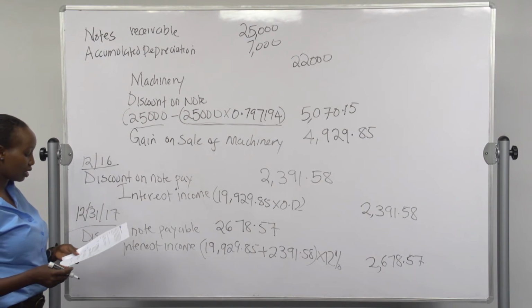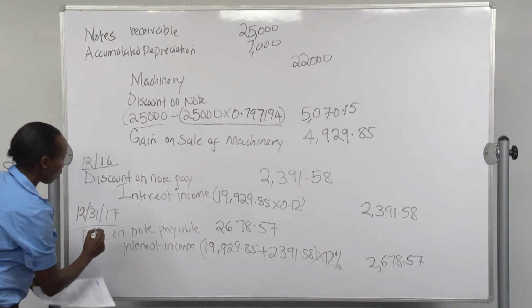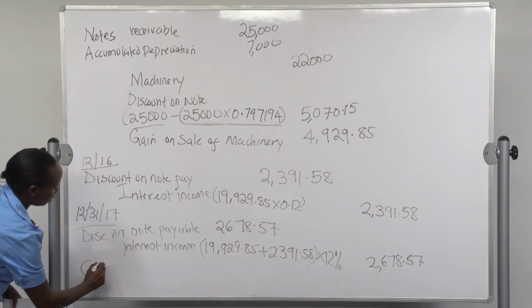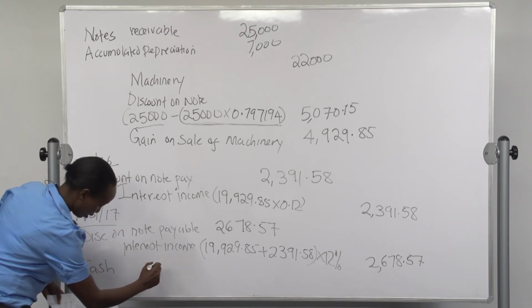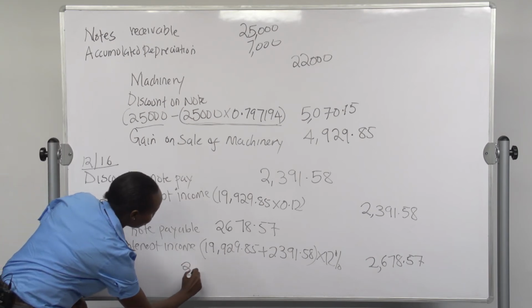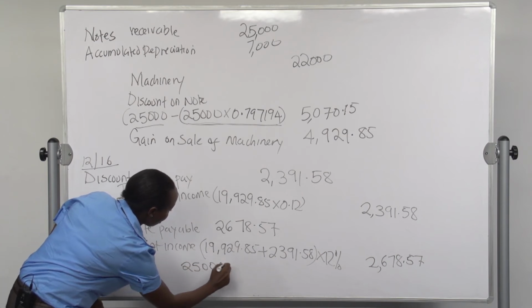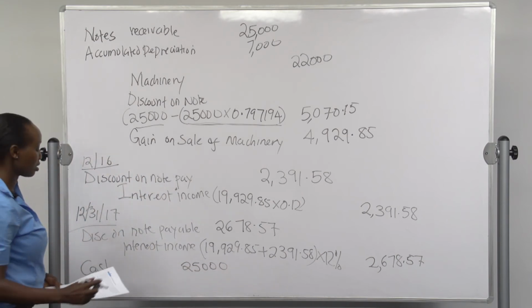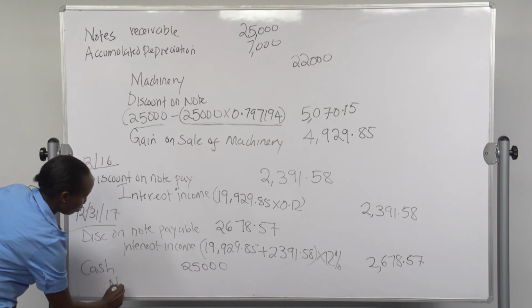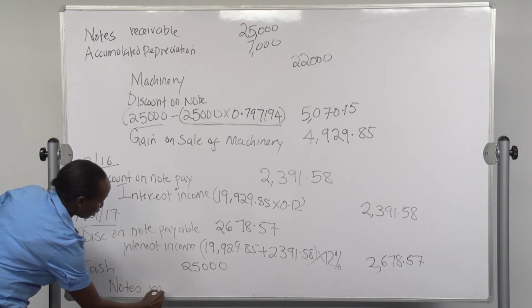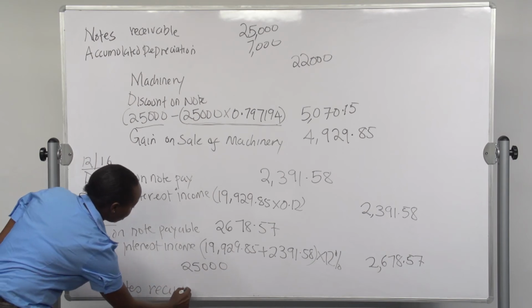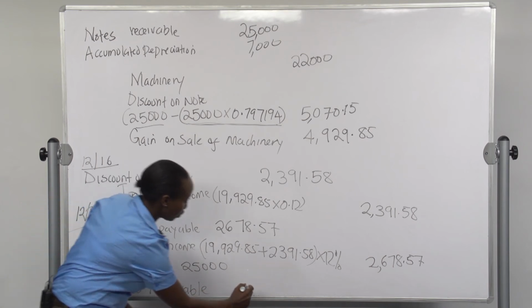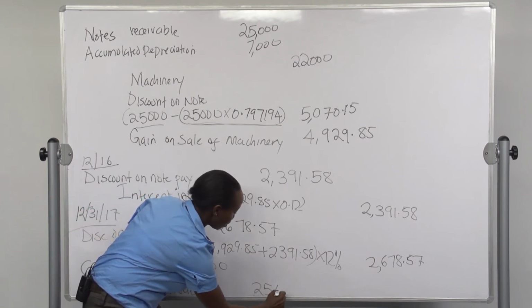The last transaction is in 2018, where we record the payment of the note by Brown. In 2018, this gets settled. So we have a cash inflow of the entire $25,000, and we remove the notes receivable from our books because it's no longer a receivable when it's all settled.